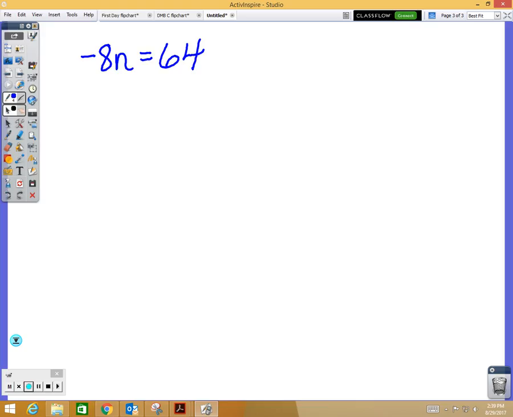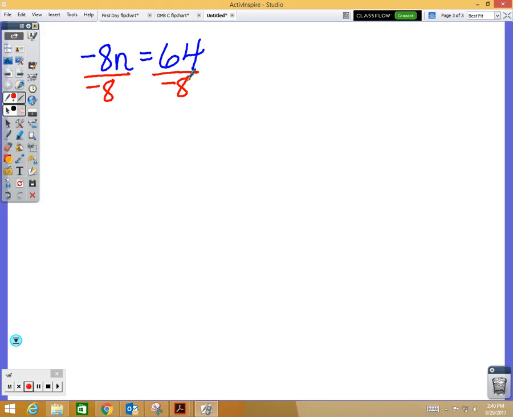So this is negative 8 times n equals 64. To get rid of multiplying, we divide, and when you show division in algebra, it looks like a fraction. So to show that you're dividing by not just 8, but negative 8, we're going to make it look like a fraction.